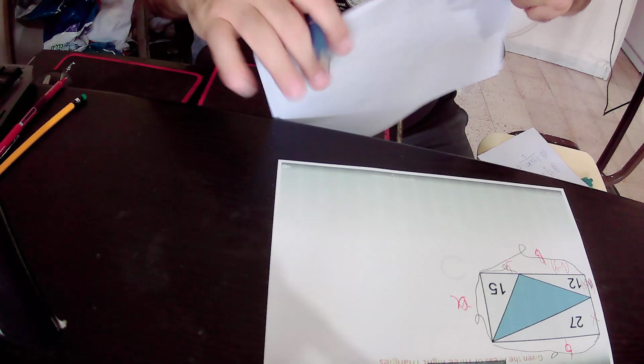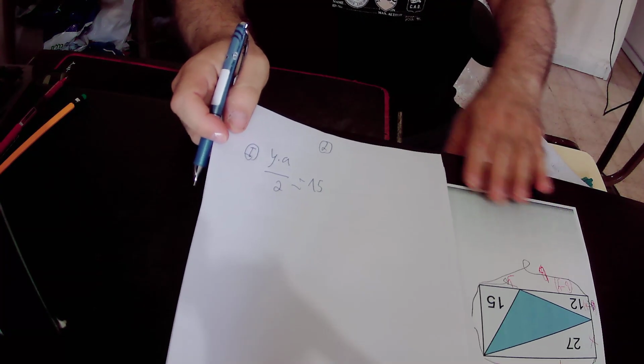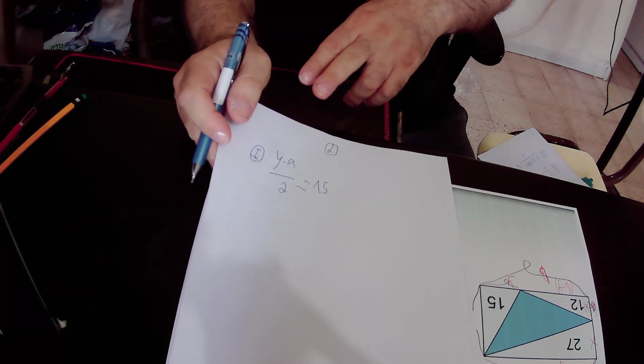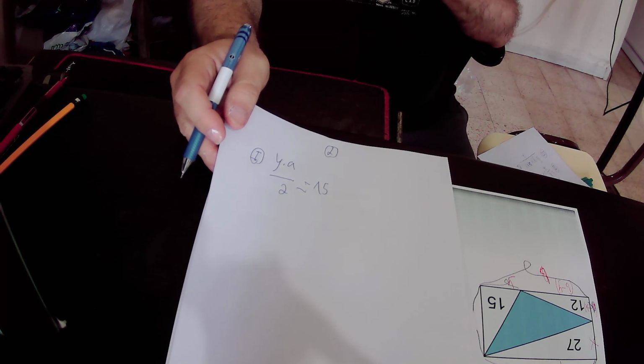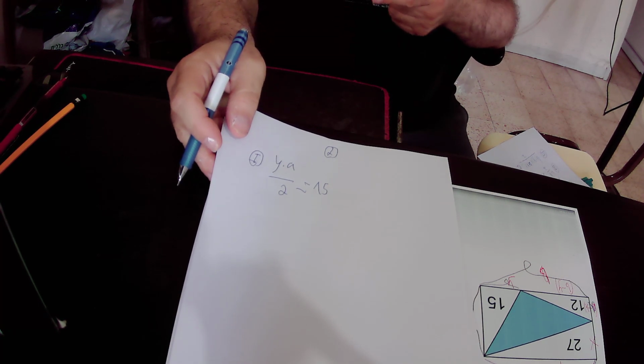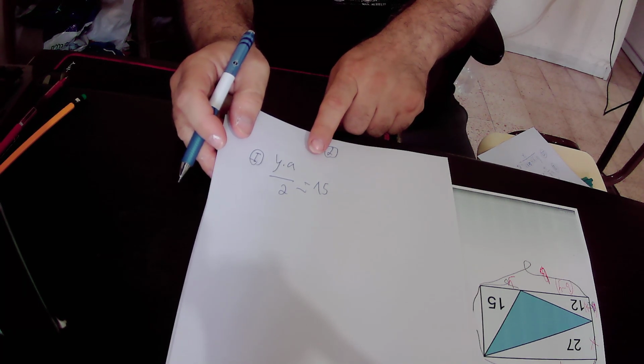Okay, this is the first equation. We will take y out of the first equation, so we will multiply both sides of the equation by 2.